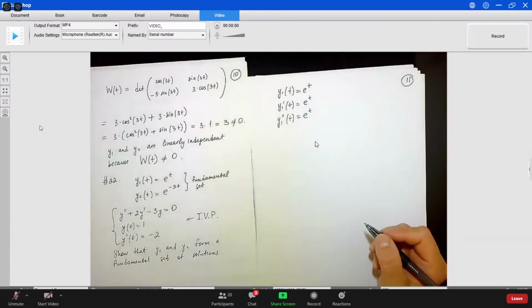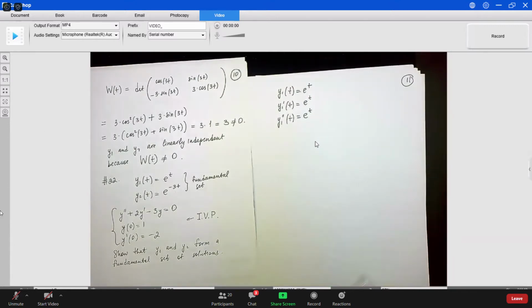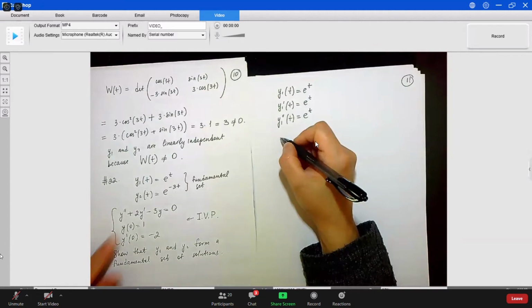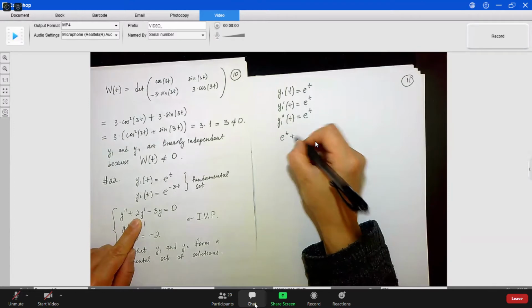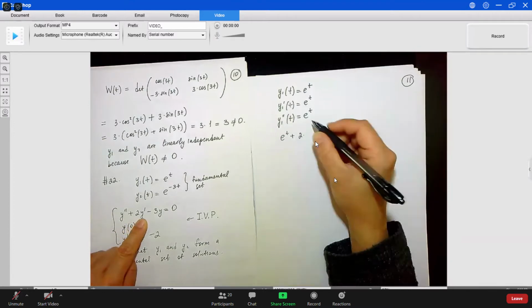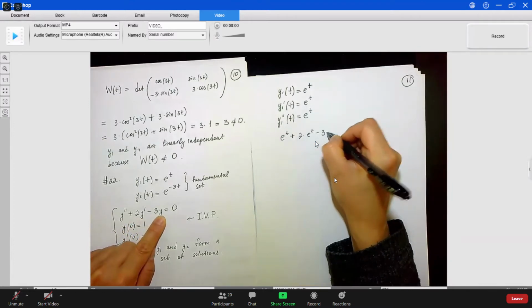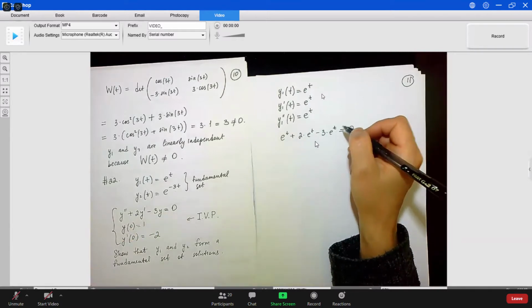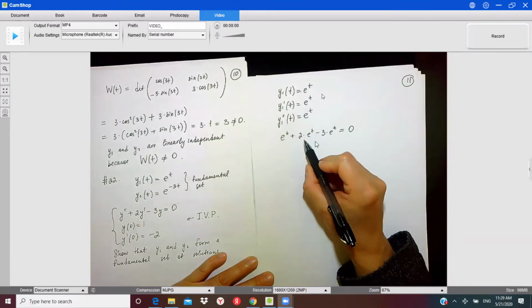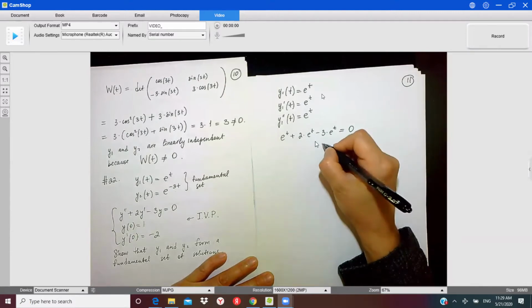We're very convenient. So I'm going to substitute the second derivative and then the first derivative minus 3y. Is this true or false? 1 plus 2 and then minus 3, 0, right?